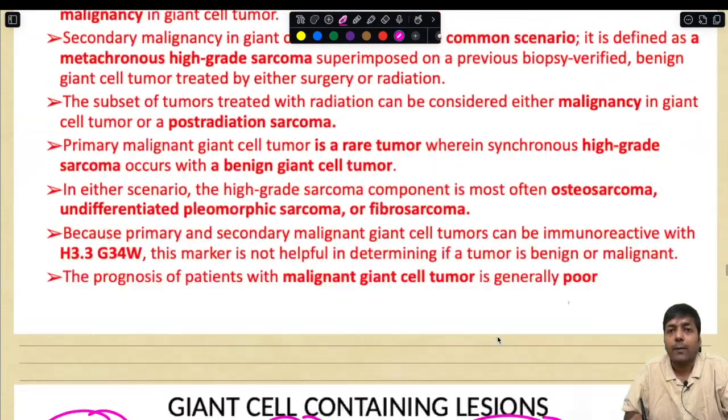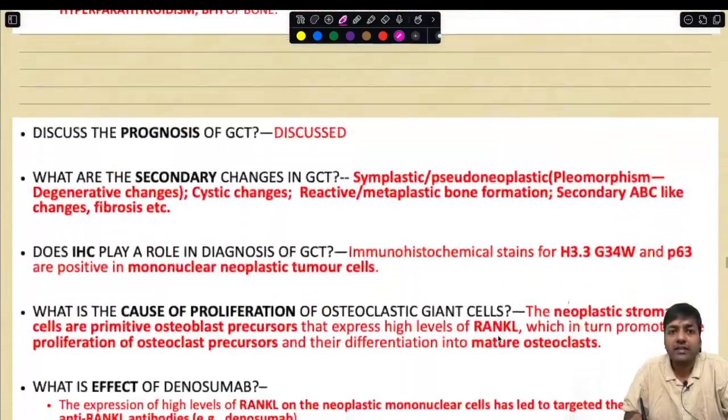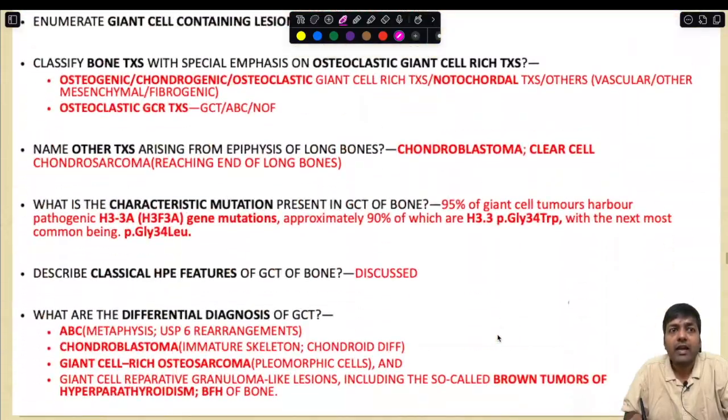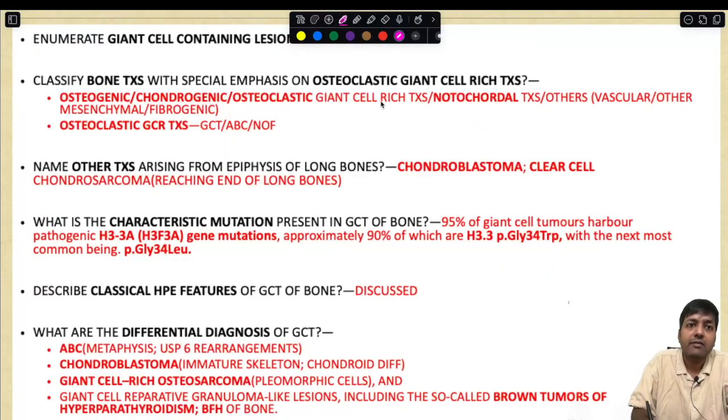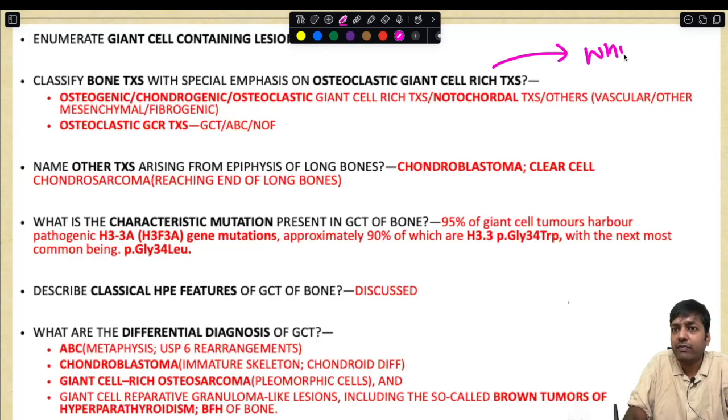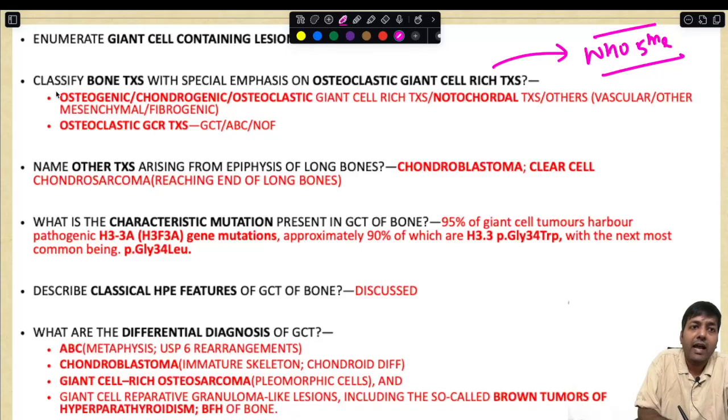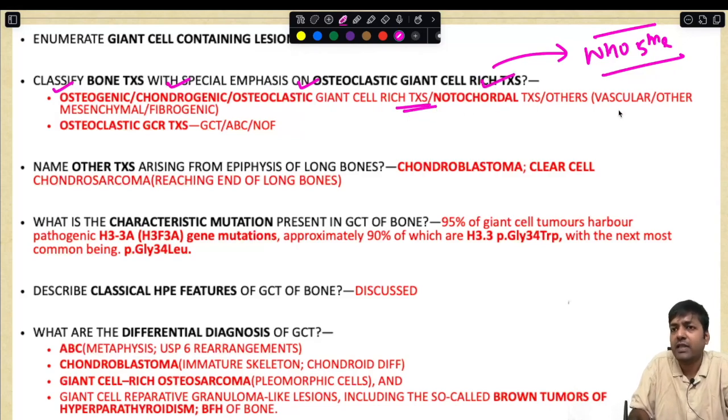Now coming to the next important question: classify the bone tumors with a special emphasis on osteoclastic giant cell rich tumors. In the current WHO 5th edition, the division is osteogenic, chondrogenic, osteoclastic giant cell rich tumors, notochordal tumors, and other groups like vascular or other mesenchymal and fibrogenic tumors.